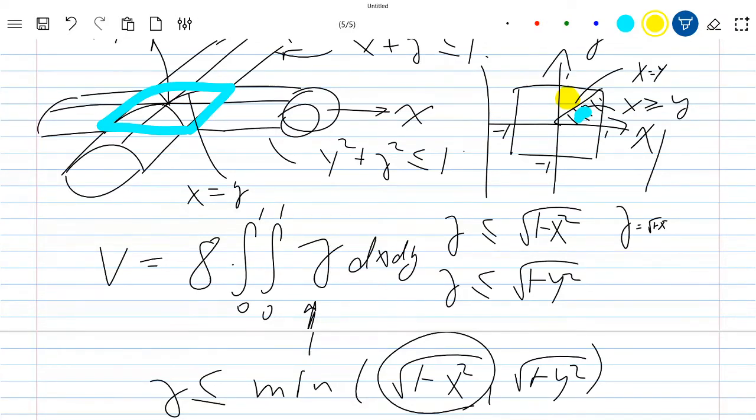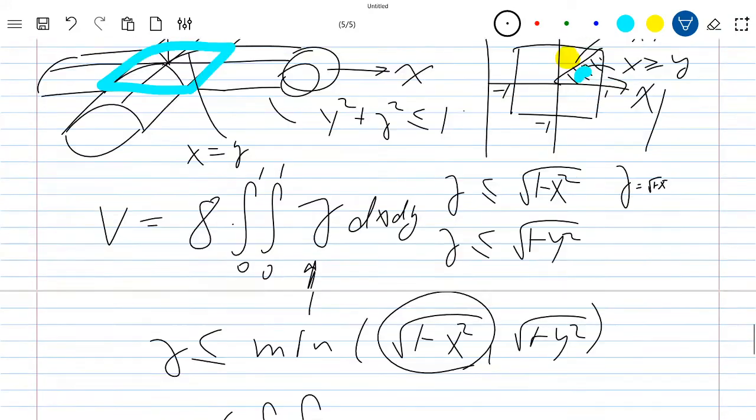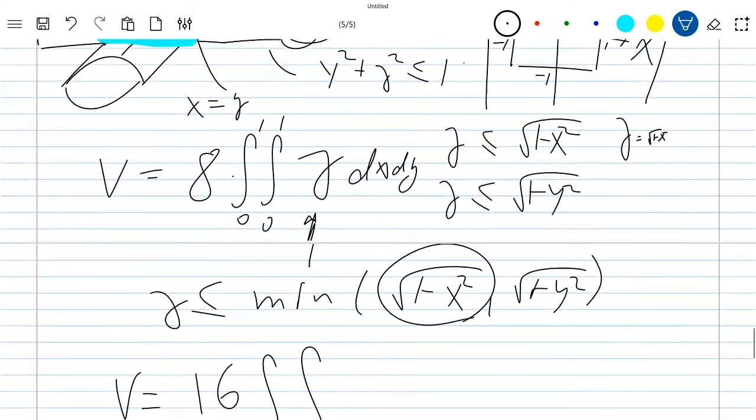It's just symmetric by reflection about x equal to y. So what is the volume? You can double that, so 8 becomes 16. Then you can only work on the lower triangle.